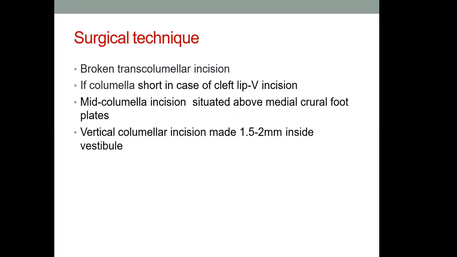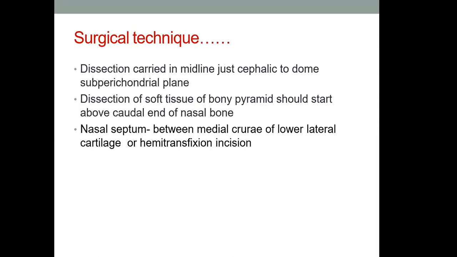Surgical technique, broken transcolumellar incision, as we mentioned. Columella short, in case of cleft lip, we will use a fixed incision. Mid-columella incision situated above the medial crural footplates. Vertical columella incision should be made 1.5 to 2 millimeters inside the vestibule. Dissection carried in the midline just cephalic to the dome, subperichondrial plane.